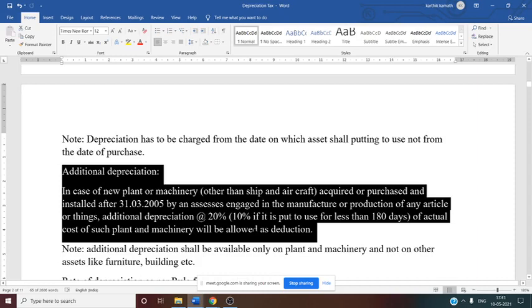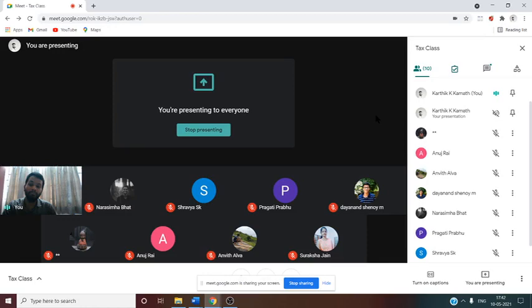Then again you have to see whether that purchase is more than 180 days or less than 180 days. If it is less than 180 days, that 20% additional depreciation can be reduced by 50%. That means instead of 20% you can write directly 10%. Half of the depreciation is charged since the asset is used for less than 180 days. Or else, 20% into 50% again gives the same 10%.